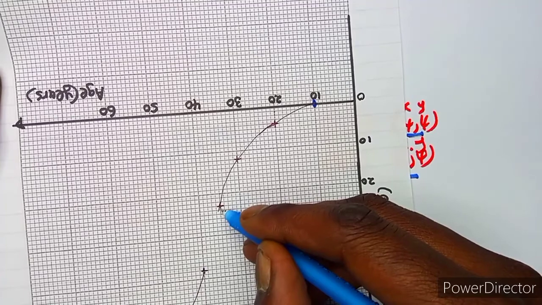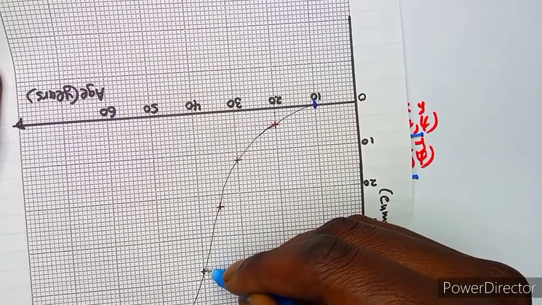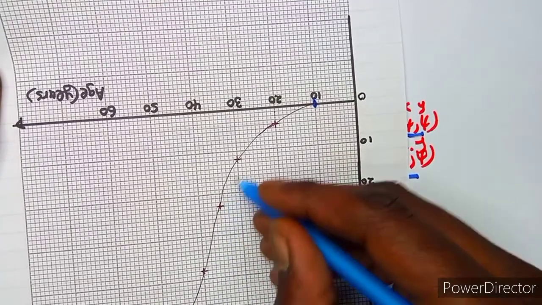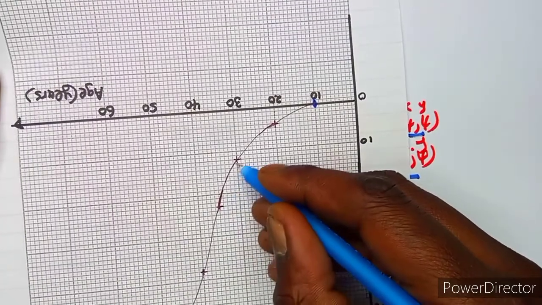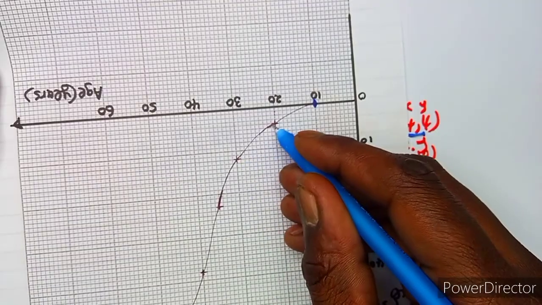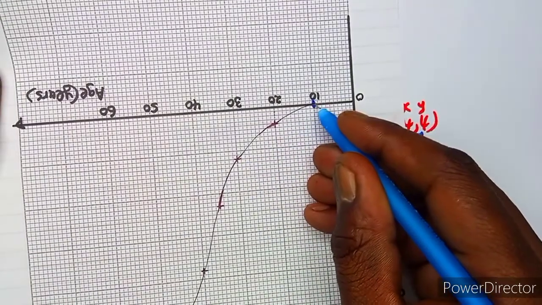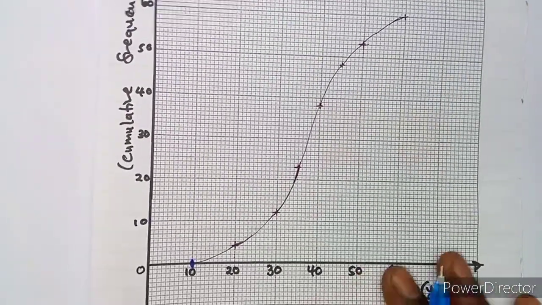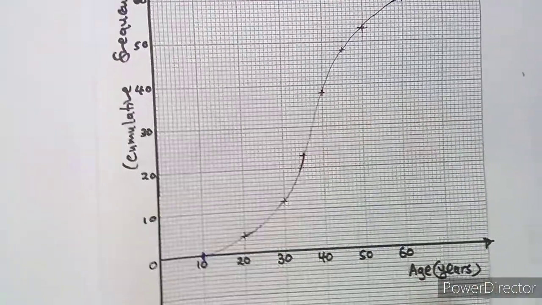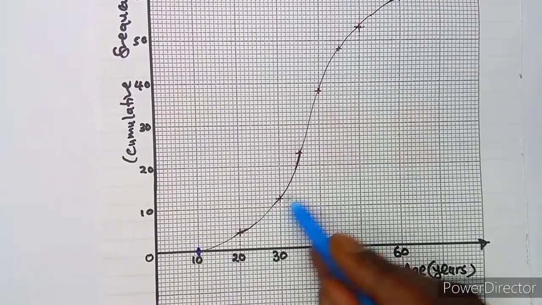We join like that. We can actually draw something smoother. This is how it is going to look at the end, starting at 0.